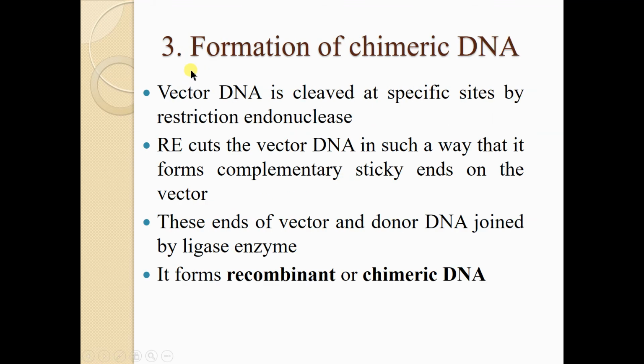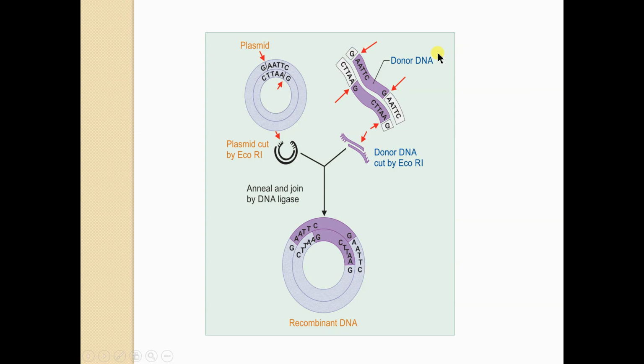Now after isolation of our interested DNA and the vector molecule, we form the chimeric DNA. This is our vector which we have isolated, suppose a plasmid, and this is the donor DNA molecule. We also discussed this slide in the previous lecture. This is our interested DNA and this is our plasmid.